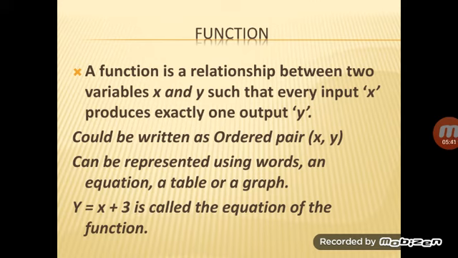Here is an example given: let y = x + 3, which is called the equation of the function. This is the equation of a linear function because both the variables involved have the highest power of one only. A function can be represented in table form, and a function can be represented on the graph.